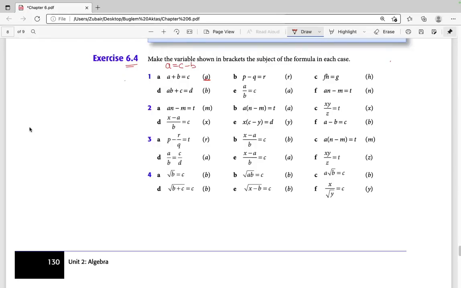It cannot be B minus C because when B goes on the other side, B changes the sign to negative. If we write it, we can write minus A equals B minus C, but we have to make A the subject, not minus A. So we'll take this negative sign on the other side, and that would be minus B plus C.